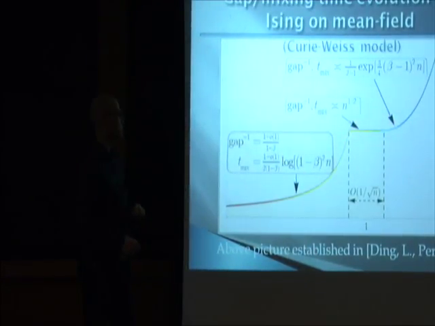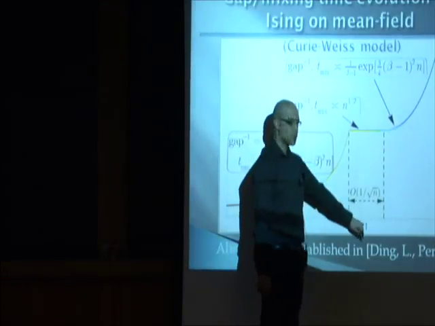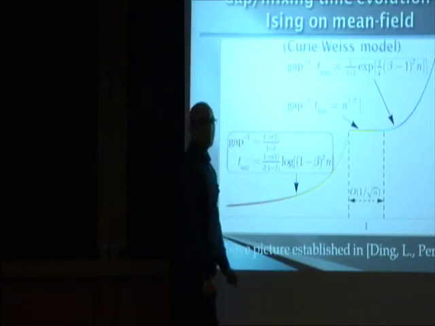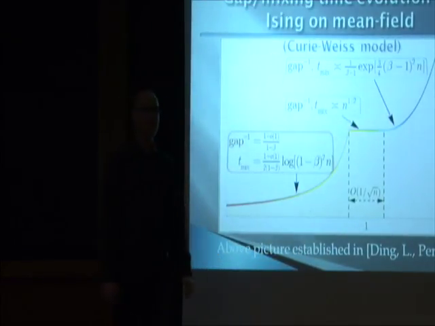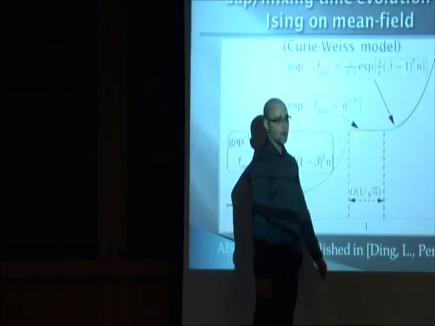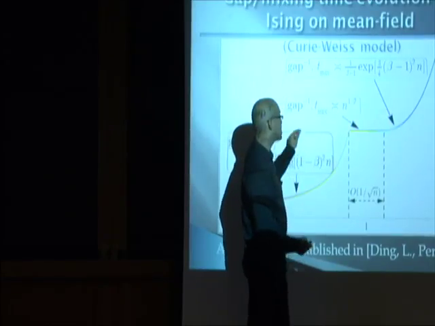OK, so just a few remarks. Here we actually showed it together with the critical window around the critical temperature of width 1 over root n. This would be fantastic to obtain in 2 dimensions, as would the exact exponent of the critical temperature. But we'll soon see.